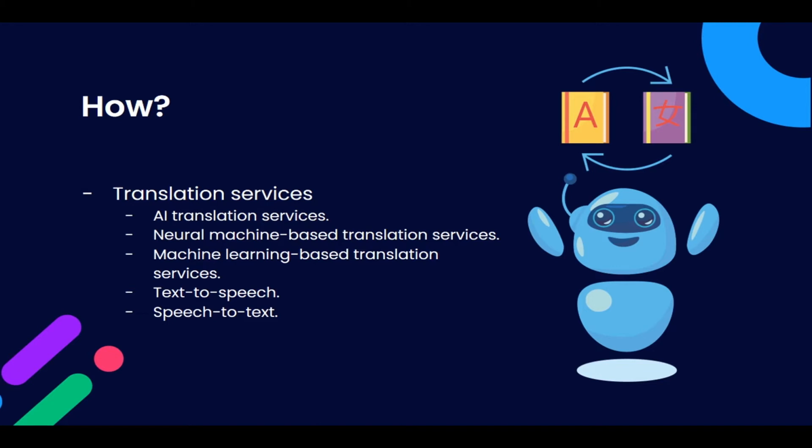Nowadays we have these translation services that could help us do the heavy lifting when we're trying to translate a course. We have things like AI translation services, machine learning services, text-to-speech, speech-to-text that could help us to translate the course content.